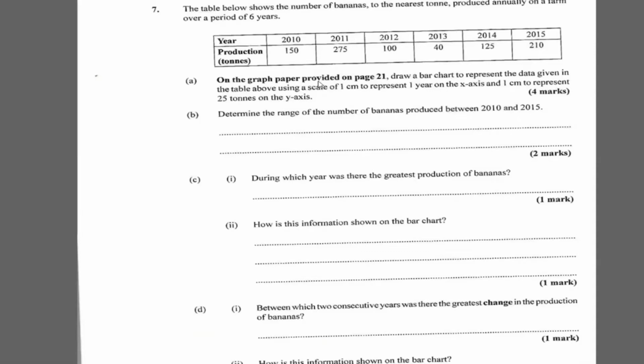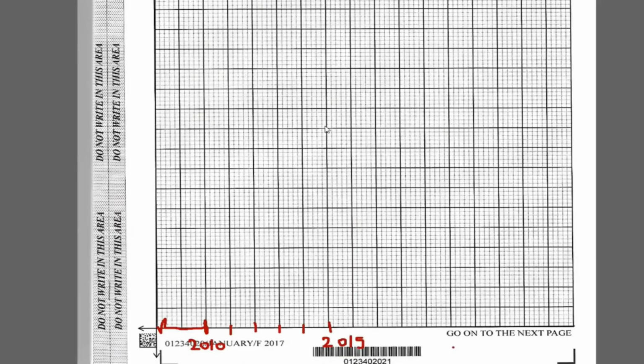Then now they want on the Y 1 centimeter to represent 25 tons. 1 centimeter represents 25 tons. So every 4 centimeters represents 100 tons. So this is 25, 50, 75.